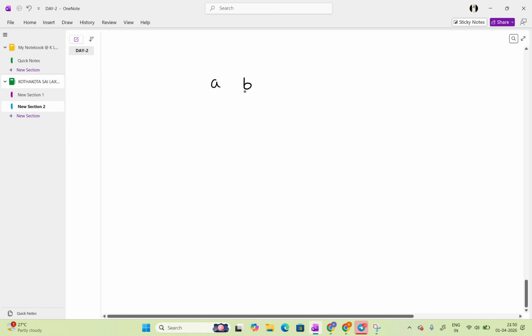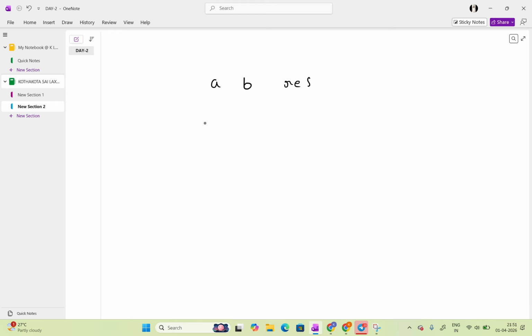I'll take it like this. Initially, first iteration 0, next will be 1. Now a will be 0, b is 1, and result is equal to a plus b. 0 plus 1 is 1.